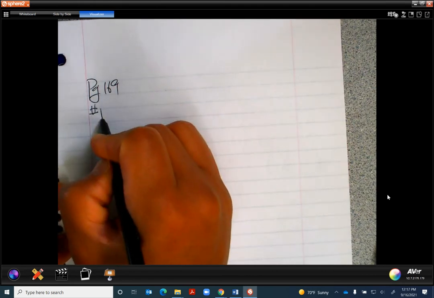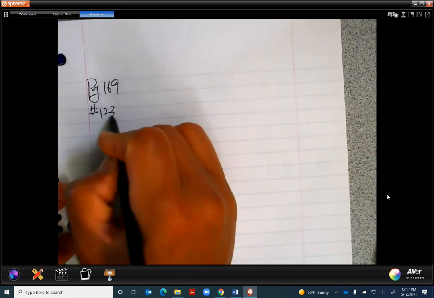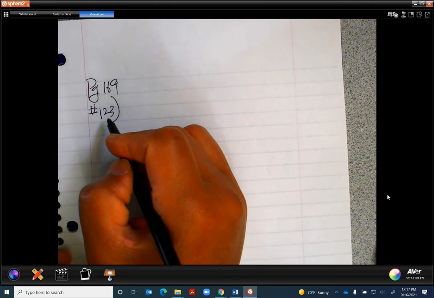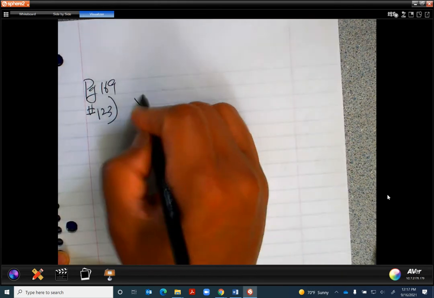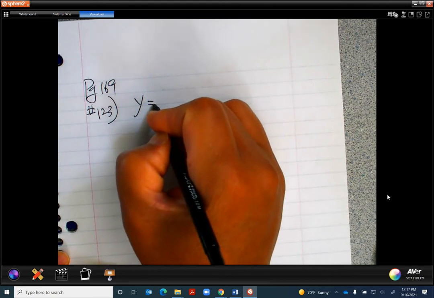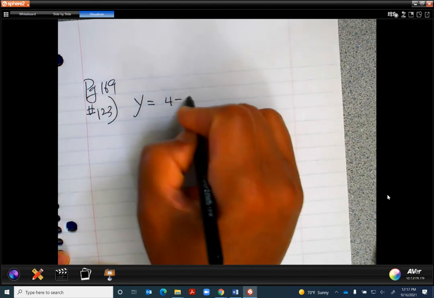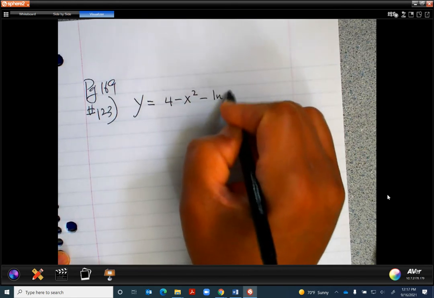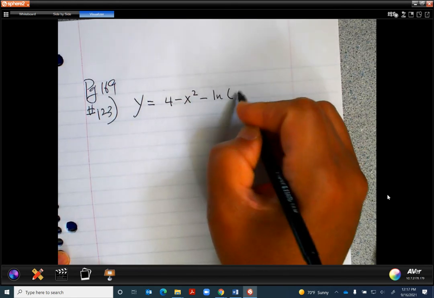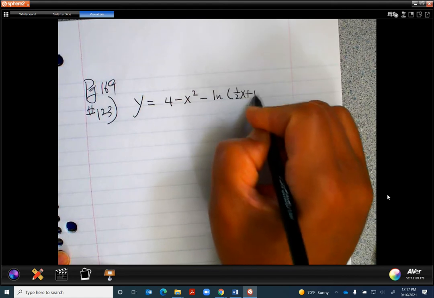So page 169, number 123. It says y is equal to 4 minus x squared minus ln parentheses 1/2 x plus 1.